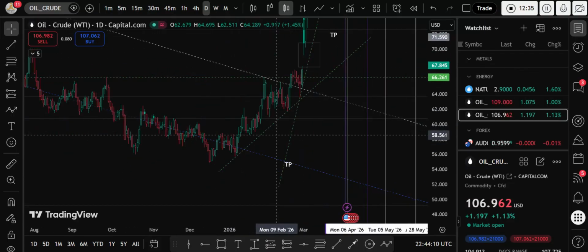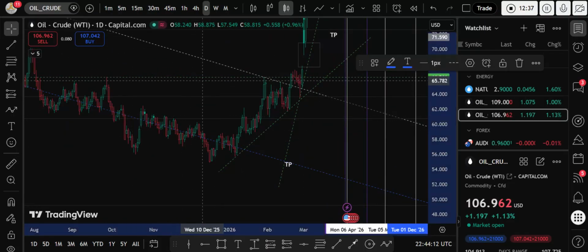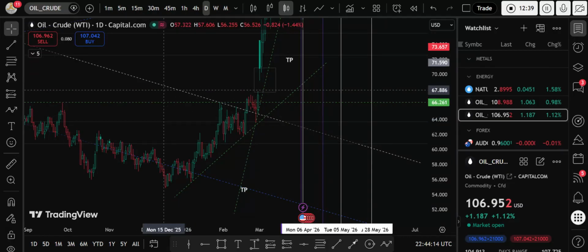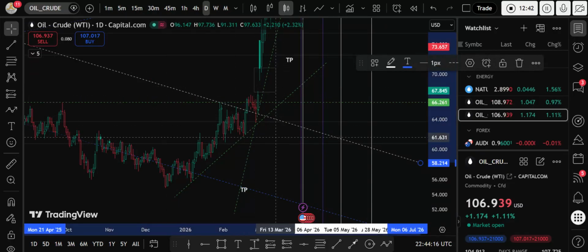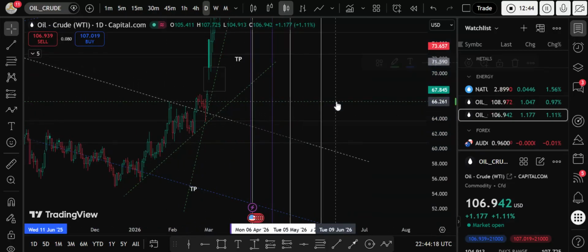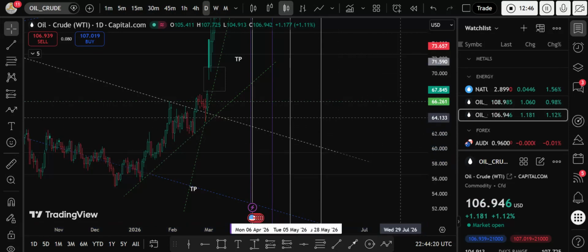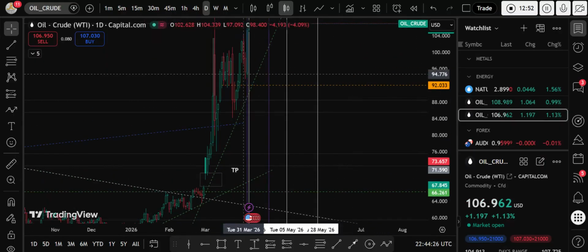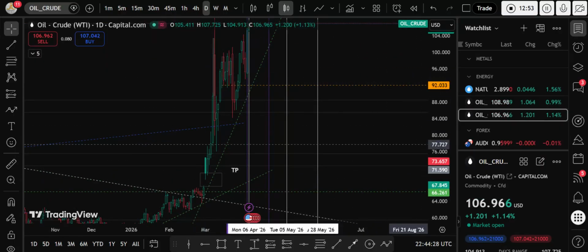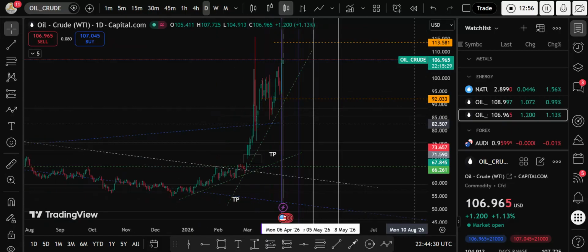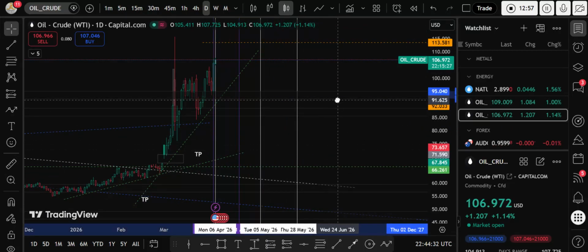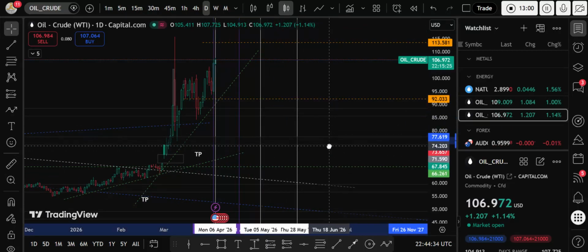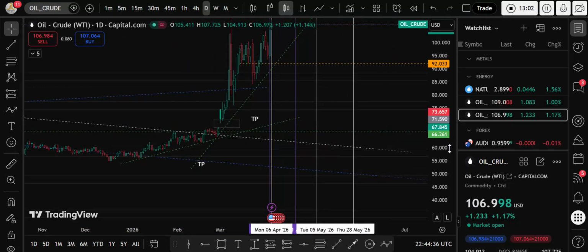So this is the monthly trend line, that's the blue, and the green one is for the weekly. And then this one, actually, I predicted it, but I didn't trade it. This was where our TP was, but I didn't trade it. Sometimes that's how it is.